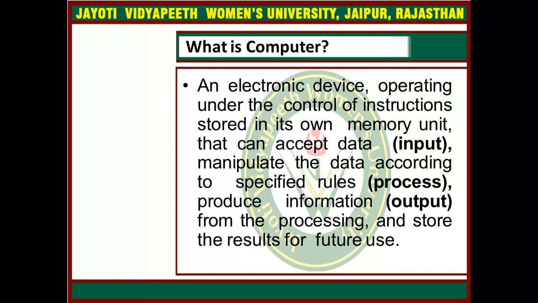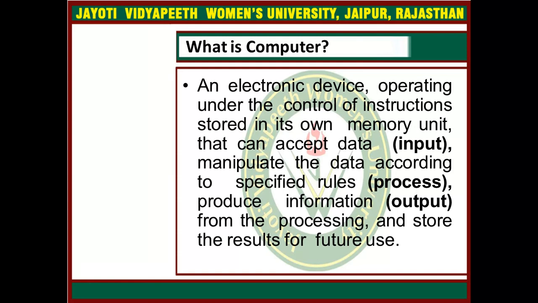Computer is basically an electronic device operating under the control of instructions which are stored in its memory unit, and that can accept data as an input, manipulate the data according to specified rules through processes, and after that produce information in the form of output, and store the results for future use.